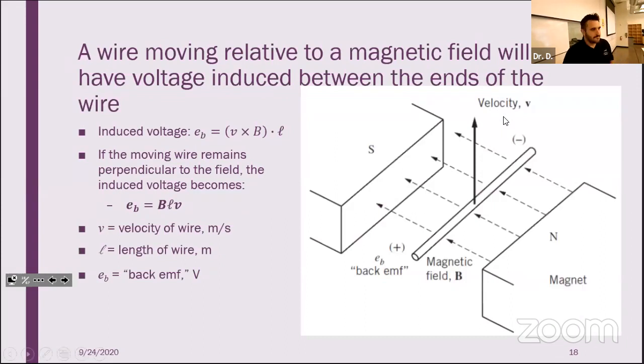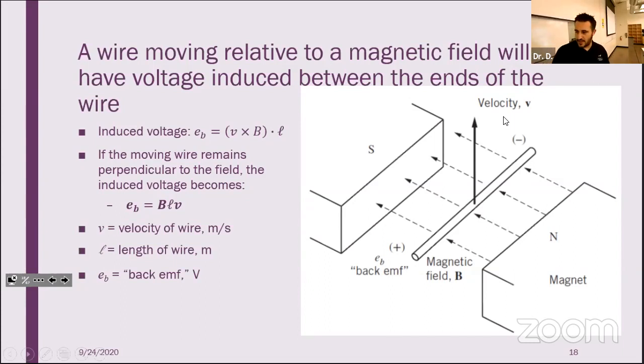All right. If I'm moving a wire through a magnetic field, it has a voltage induced between the ends of the wire. We're going to call this a special voltage. So imagine I have the same wire.